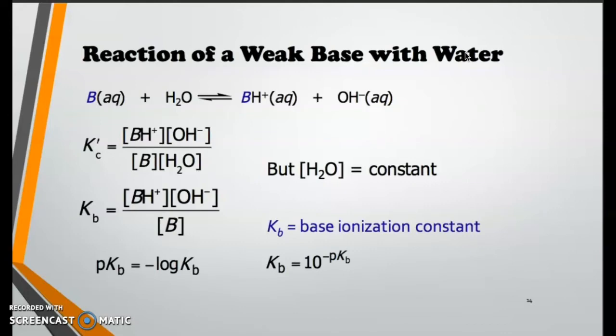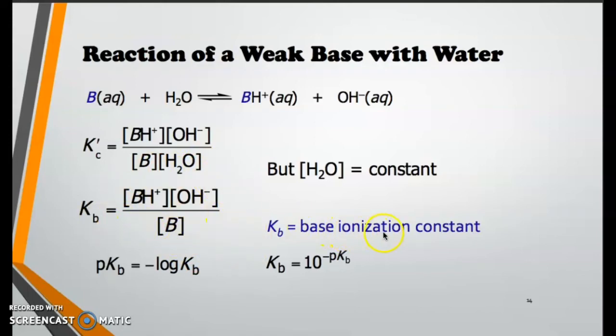Reaction of a weak base with water. So this is the chemical equation. When you look at the Kb, the concentration of water here is constant, so we can cancel it out. And this is the formula for the Kb.